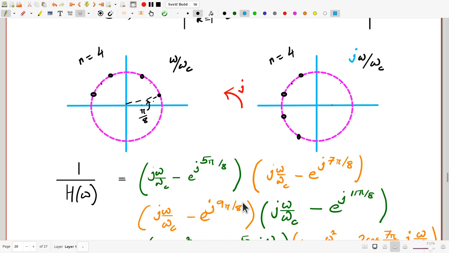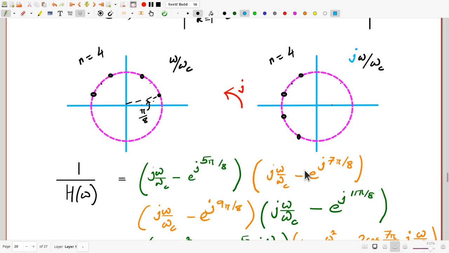Of course, for n equals 4, you have only 4 such factors. For n equal to 12, you'll have 12 such factors in 1 by h omega. And these factors will come in complex conjugate pairs. e to the j 5 pi by 8 and e to the j 11 pi by 8 are complex conjugate pairs. So are these two.